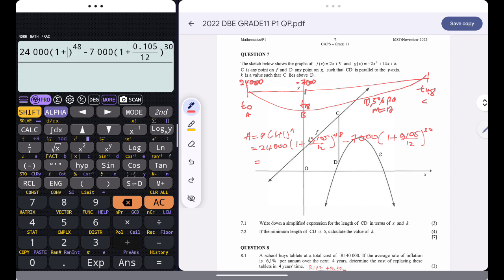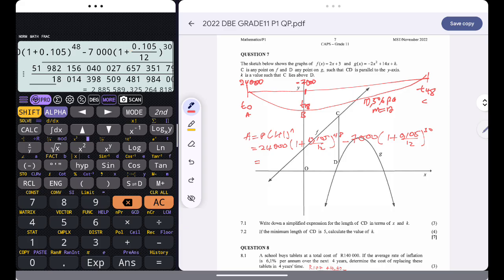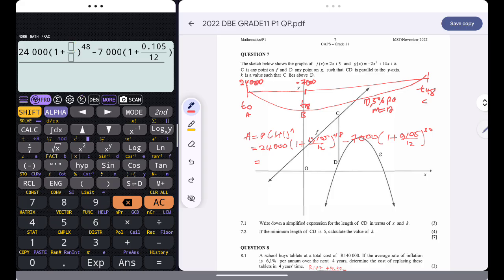Then I have 1 plus 0.105 over 12. Let me see, I'm calculating. 0.105 over 12.